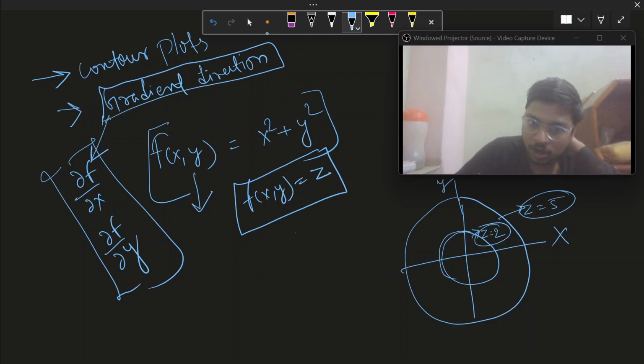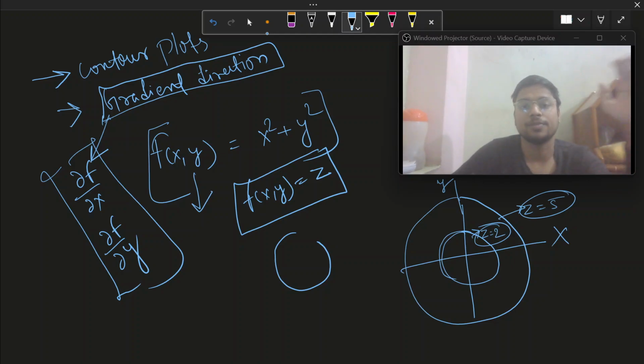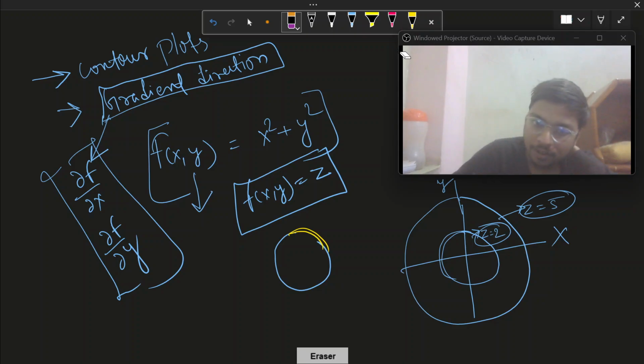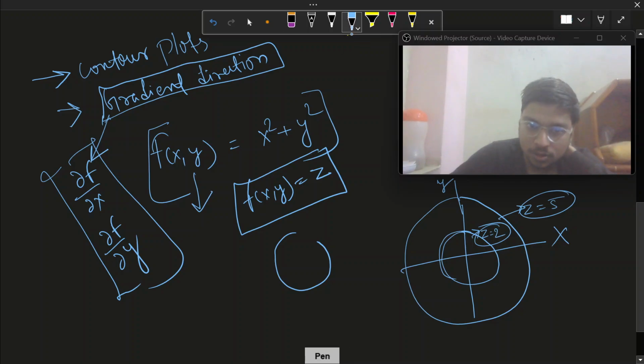If we have the curve, let me draw with the blue color.